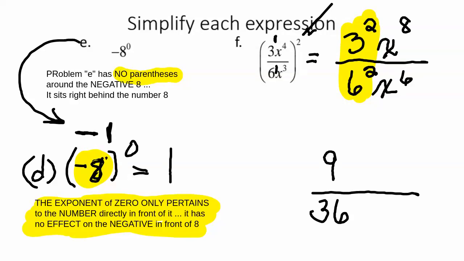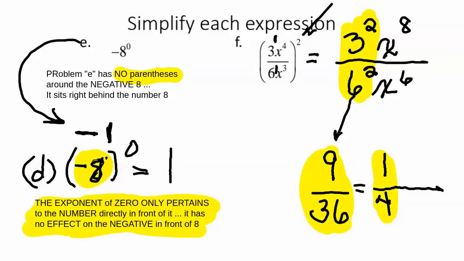Now, that's the numbers. But don't forget, 9 over 36 has to be reduced, which is going to give me a 1 over 4. This is the fraction, the numbers. But look at my x's.